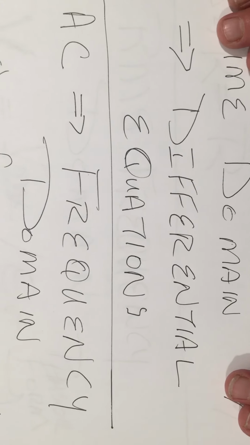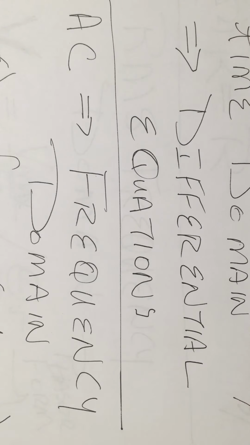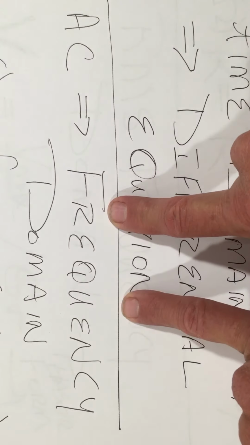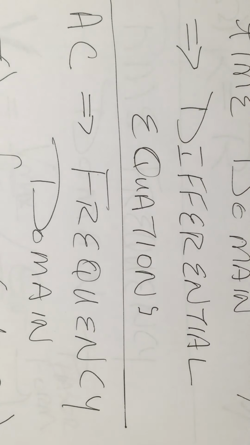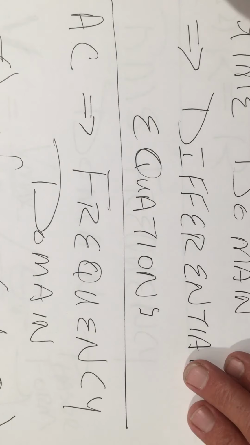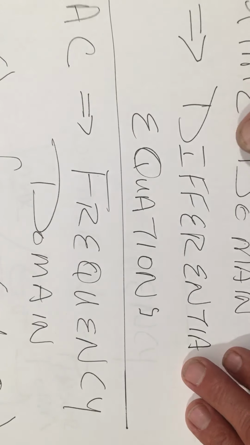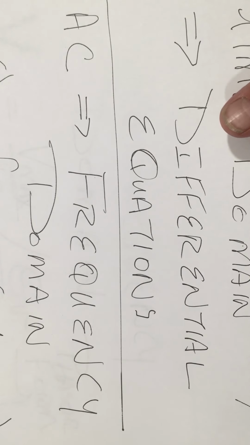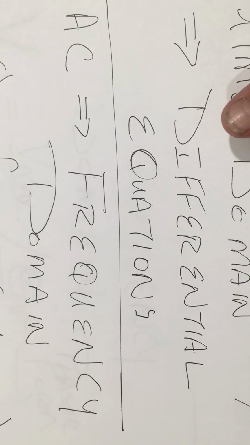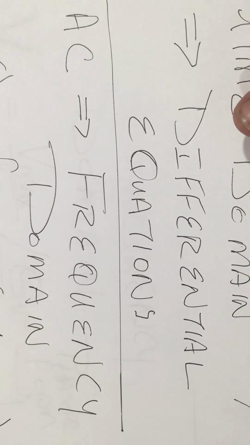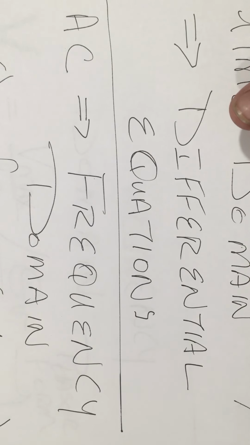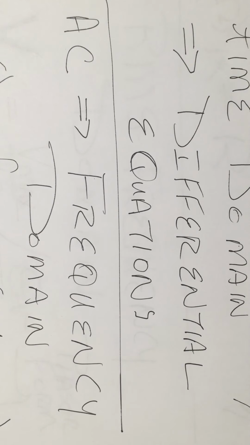what's great about the AC is I can go from the time domain and change AC into a frequency domain, and that makes everything nice and easy now. Basically, how to do that is called a phasor format. It's a frequency domain and everything comes into a phasor diagram, which is basically a magnitude and a phase angle, a complex number.